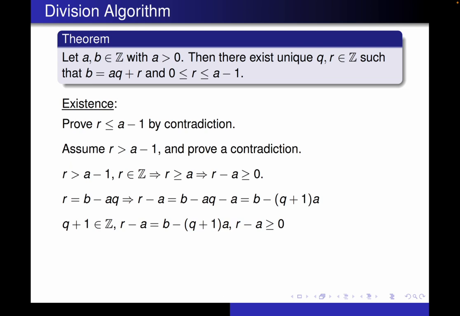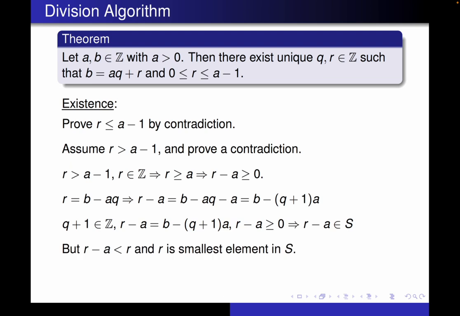So if we put all three of those facts together, Q plus 1 is an integer, R minus A is equal to B minus Q plus 1 times A, so it's equal to B minus an integer times A, and R minus A is greater than or equal to 0. That is exactly what it means for R minus A to be an element of S. So R minus A is in S.